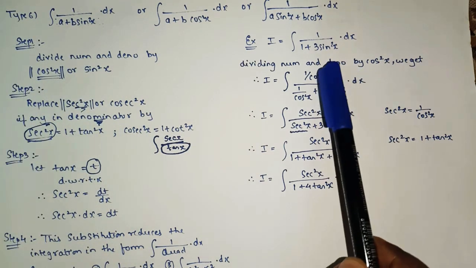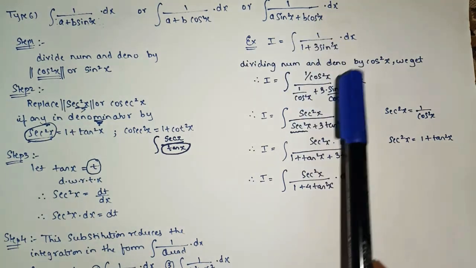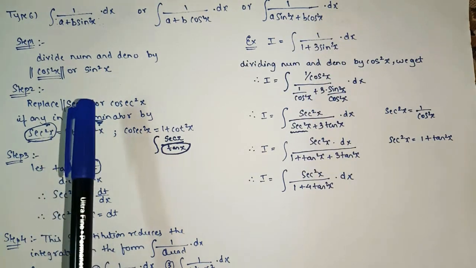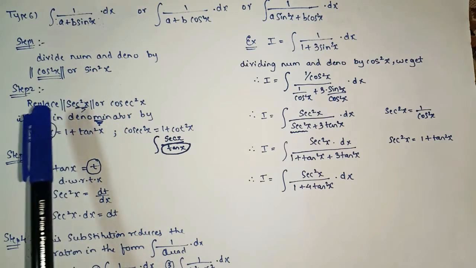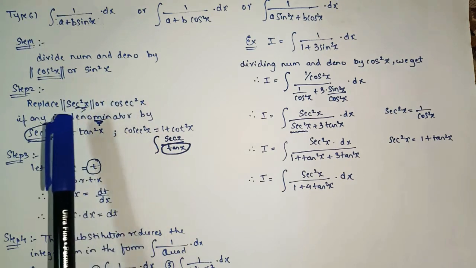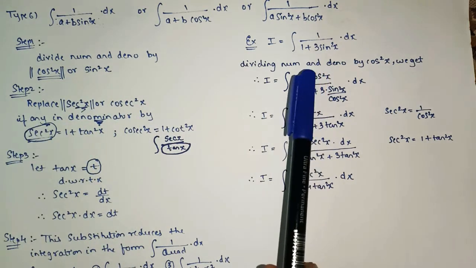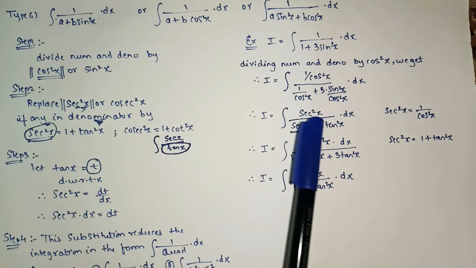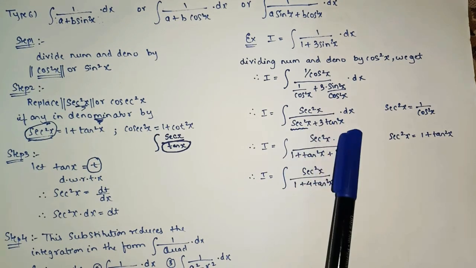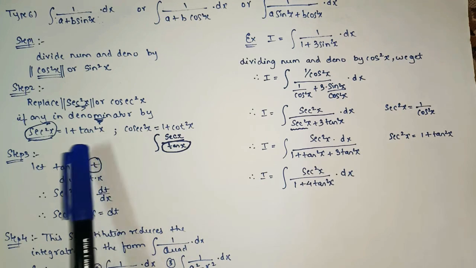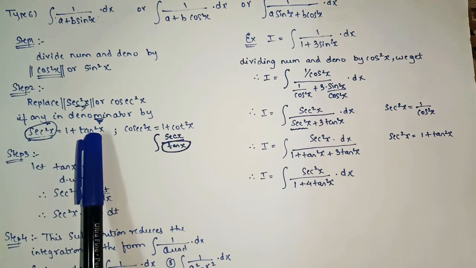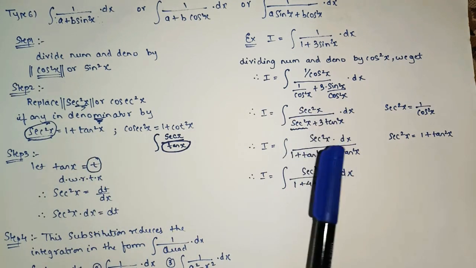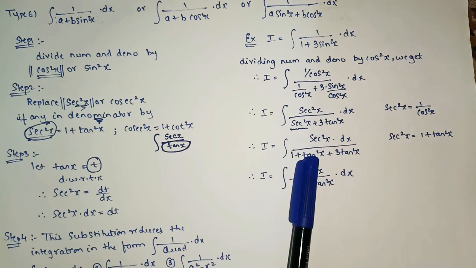So here I divided each and every term of numerator and denominator by cos square. That replaces 1 upon cos square with sec square. In the denominator, wherever you see sec square, you can write it as 1 plus tan square.